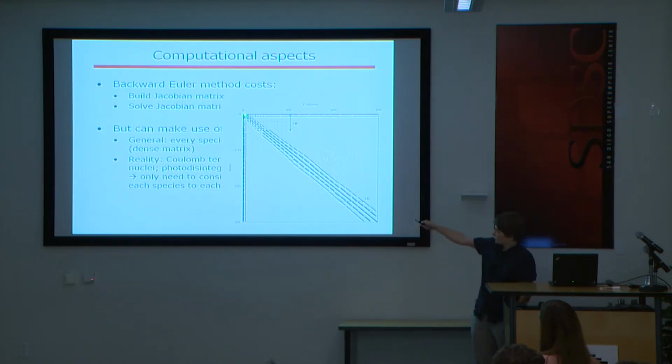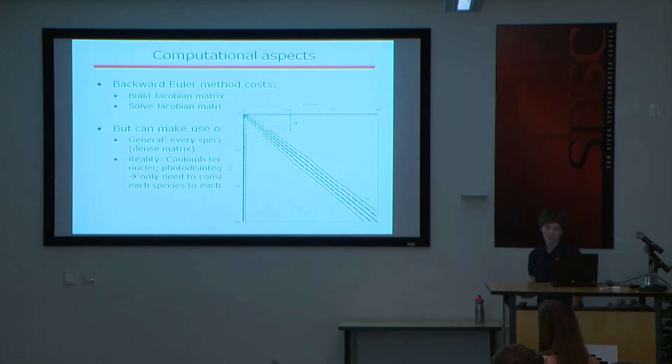Typically, you put your neutrons and protons and alphas at the beginning, so you have non-zero elements up here, and then along a white diagonal, but most of the rest of the matrix is empty.